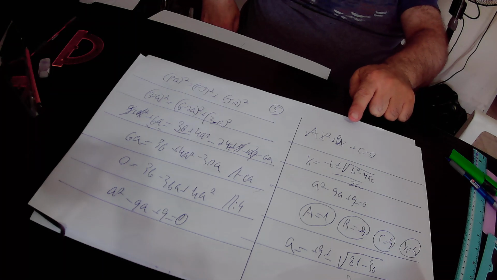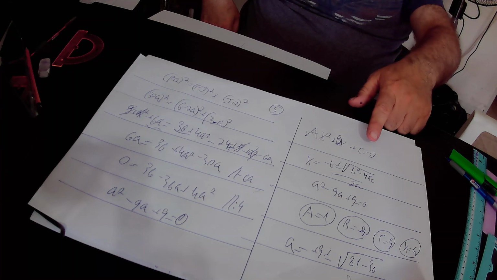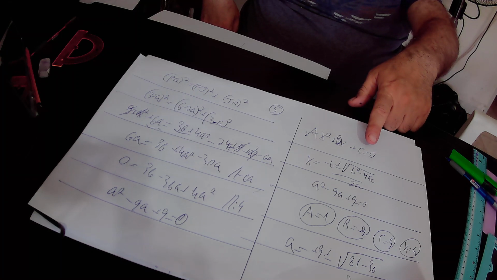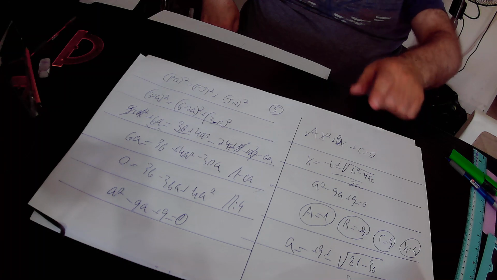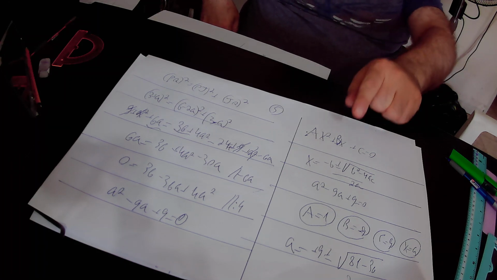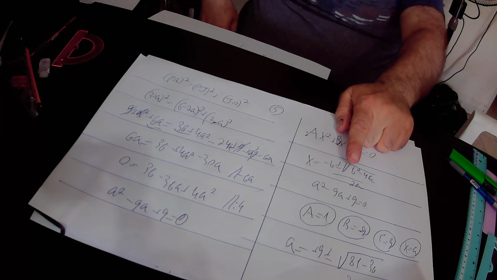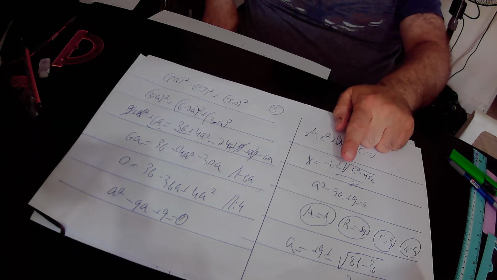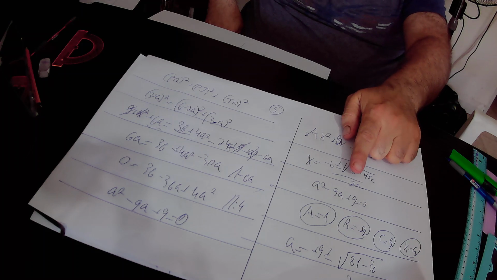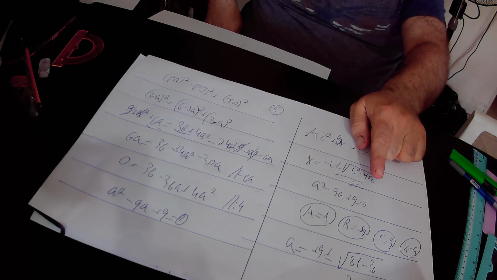If a, b, and c are the coefficients of this quadratic equation, and x is the variable that we are looking for, we find out the value of x according to the following formula: x equals minus b plus minus root of b squared minus 4ac, over 2a. In our specific quadratic equation, that is to say A squared minus 9A plus 9 equals 0, the coefficient a equals 1, the coefficient b equals minus 9, and the coefficient c equals 9.